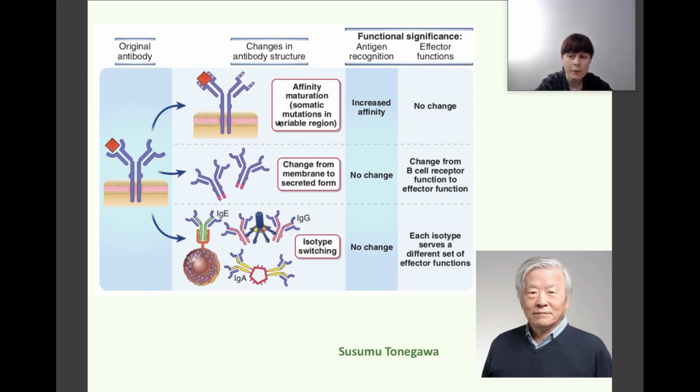And this affinity depends on the degree of spatial correspondence between the epitope and paratope. And also, in addition to affinity and avidity, another important concept in the interaction between antibody and antigen is specificity.